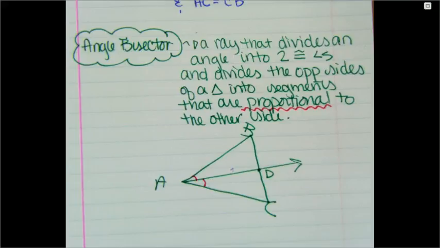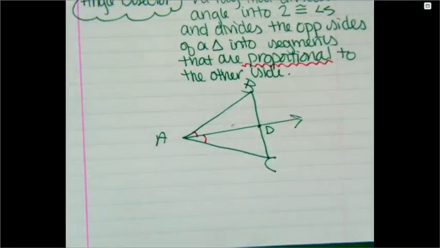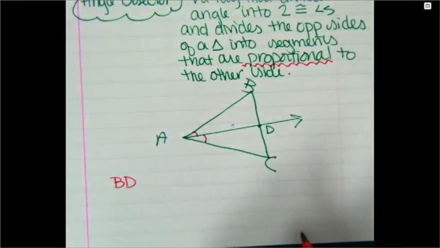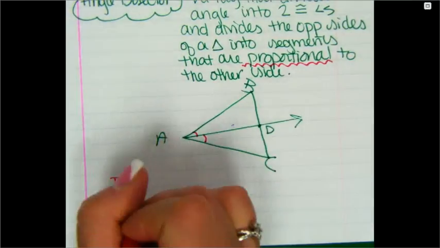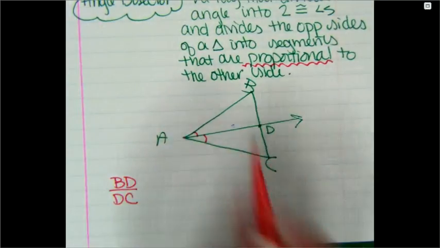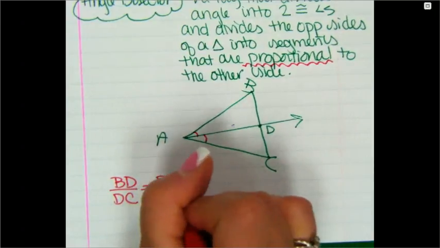Nothing's congruent besides the angles. Why are the angles congruent? Because you've just cut them in what? You just cut them in half. Now, proportion. Ready? Here's our proportion. It says that BD over DC equals BA over CA.